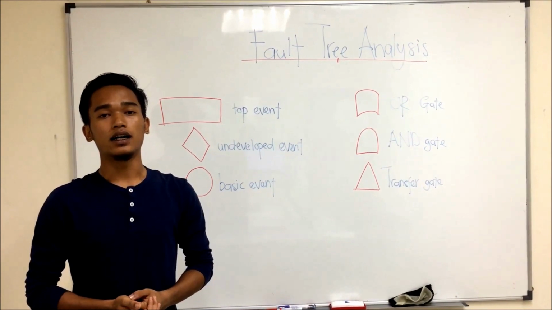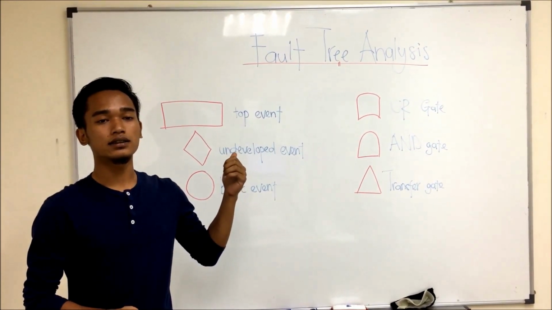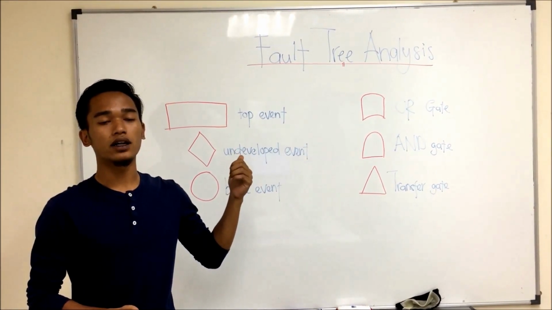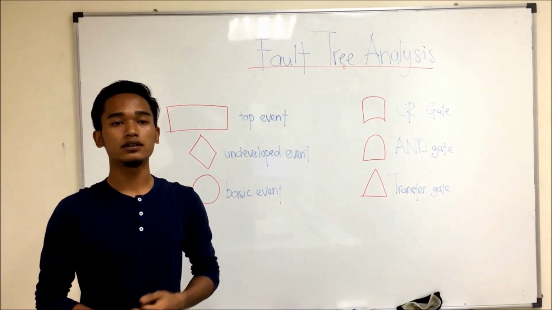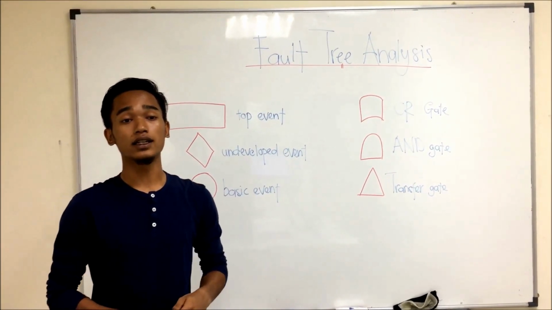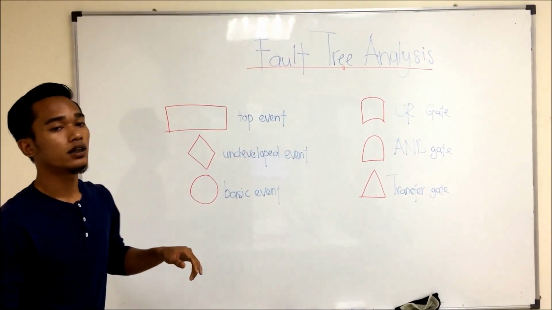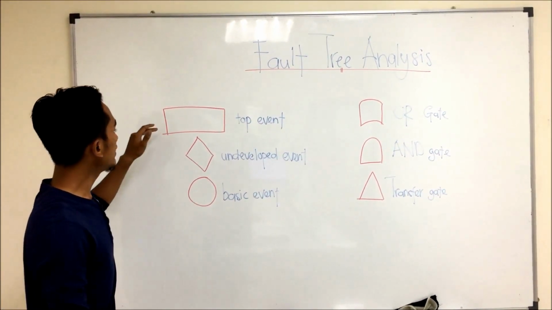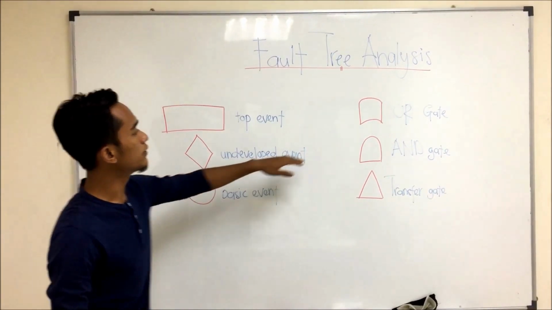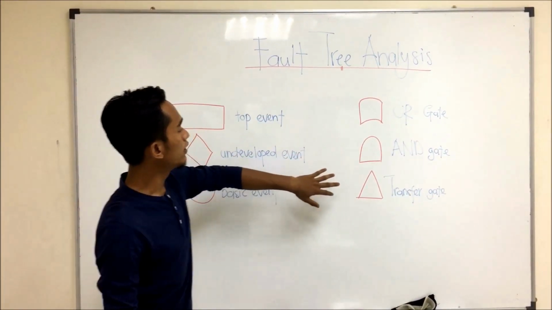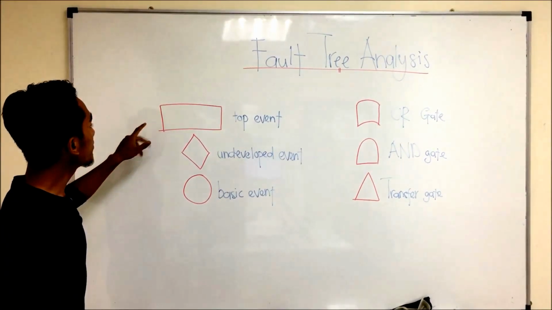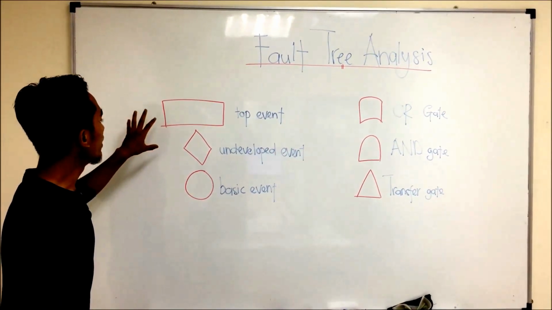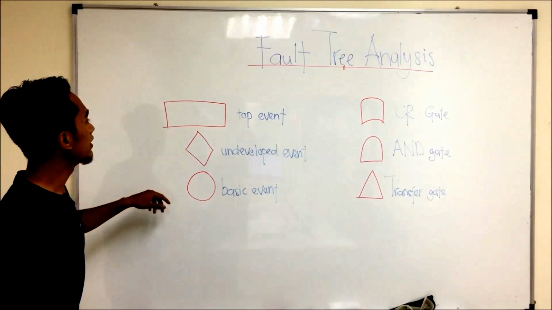This fault tree analysis is used to identify weakness in a system, to prioritize the contributors to failure, and to quantify the failure probability. This is the basic symbolic diagram that we use in the fault tree analysis.